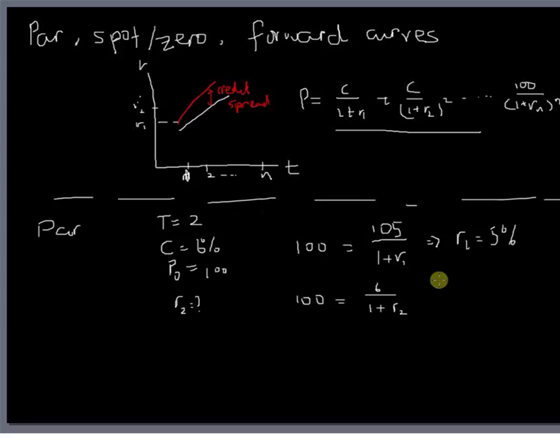Okay, so the coupon rate is the same throughout the whole period. So plus 106 over (1 plus R2) squared. Okay, so if we work out R2 by expanding this whole formula, you find that R2 is equal to 6.